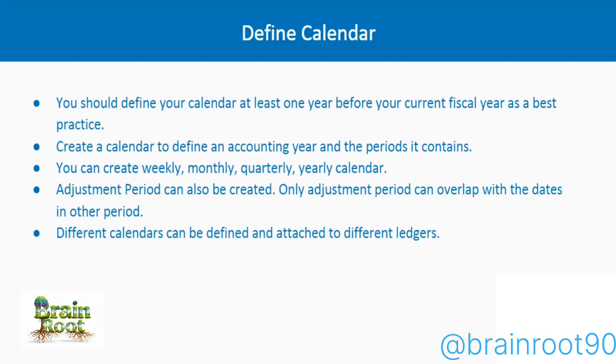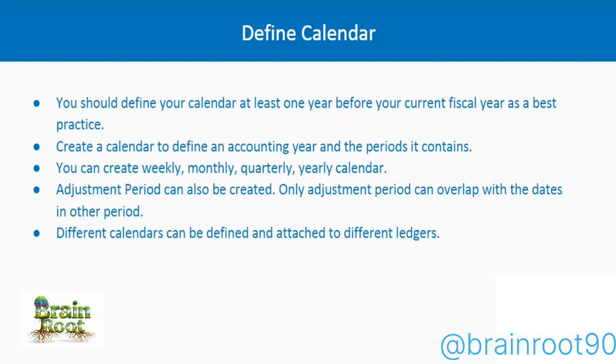Based on that, you should decide what should be the start year of your calendar. Many organizations even go 4-5 years back, 2 years back, to define their calendar based on the open transactions.